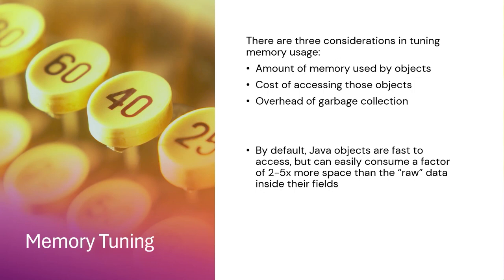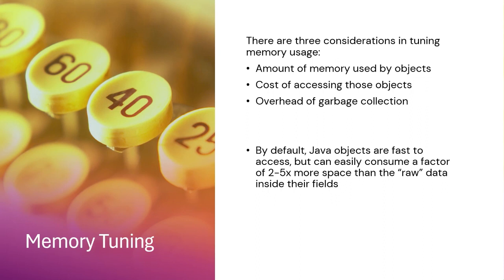Three things that we need to pay attention to are: the amount of memory that our objects are using, the cost of accessing those objects from memory, and the overhead of garbage collection. When the object is no longer used, what is the overhead of that garbage collection, because the memory needs to be cleaned up for the other objects to then come back into memory. So these three factors determine how the memory can be tuned.